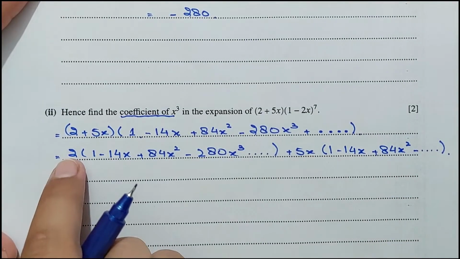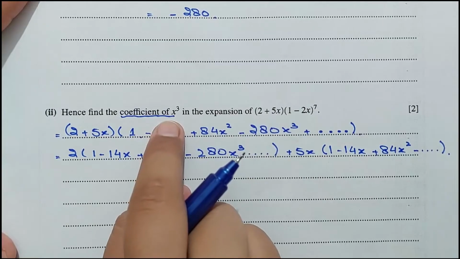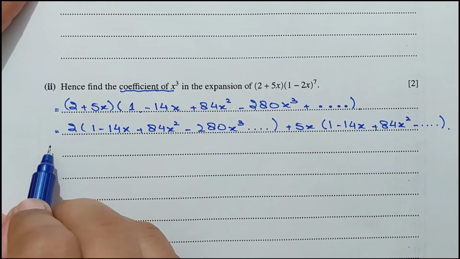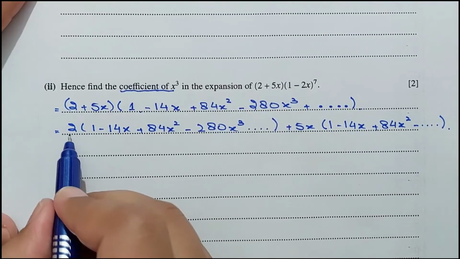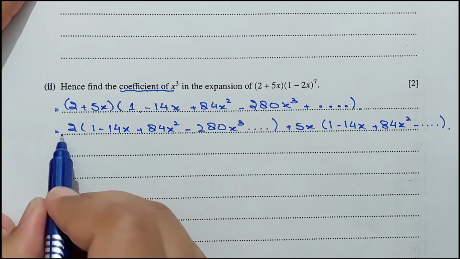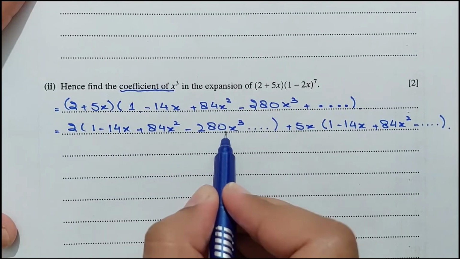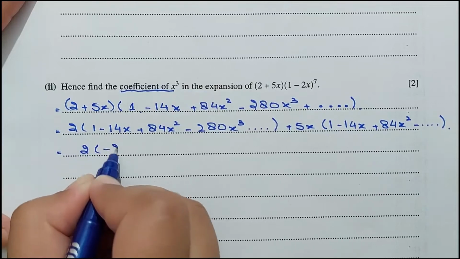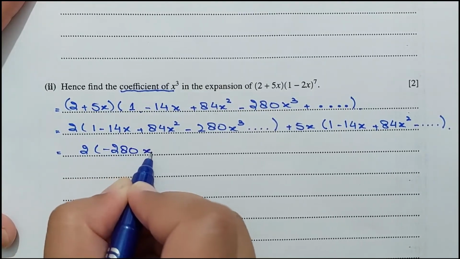All right, so now we have to find the coefficient of x cube, right? So keep in mind, I'm just working with x cubes, not with the rest of the terms. 2 is multiplying with 1, it's a constant term. This is going to be the x term, this is x square term, this is going to be x cube term. So the x cube term from here is 2 into minus 280 x cube.